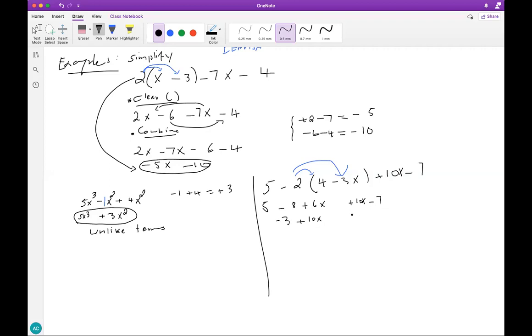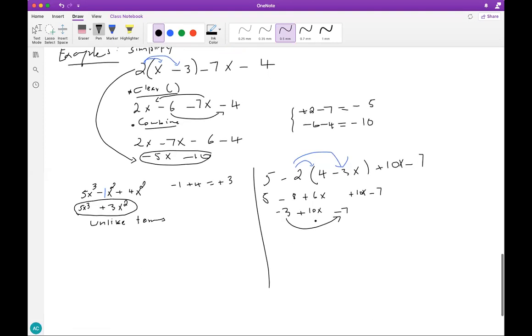This 7, we're going to bring it down for now. It's a constant, it doesn't have a variable. Then we continue. It looks like we have 2 constants or numbers that we can combine. So this positive 10 stays the same, positive 10x. Then we're going to combine negative 3 and negative 7.